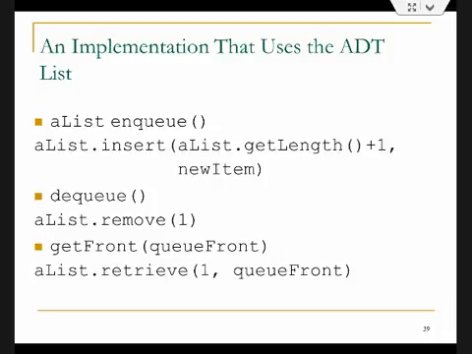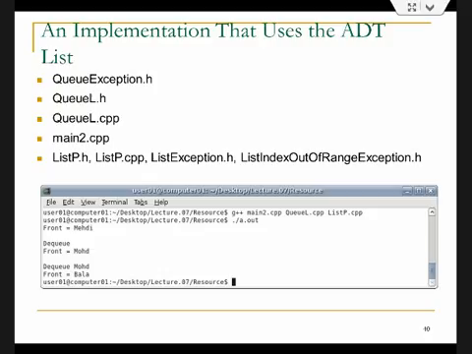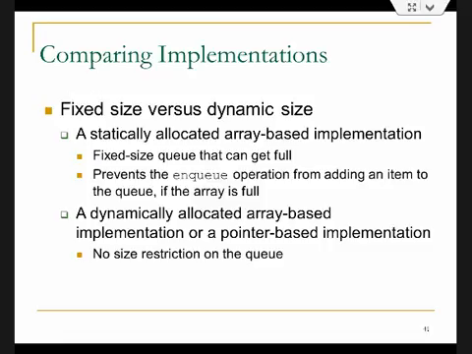So in this particular case, just using the straight ADT list is quite inefficient. The implementation, of course, is very simple, and you can look at these files to determine the implementation. And if we look at the different types of implementation, you've got the fixed size versus dynamic size.